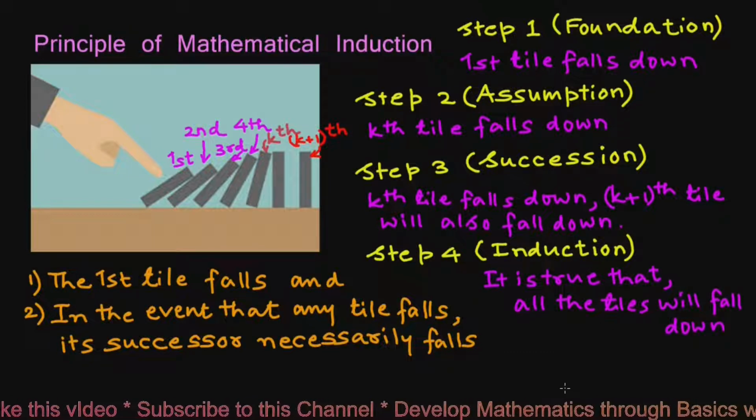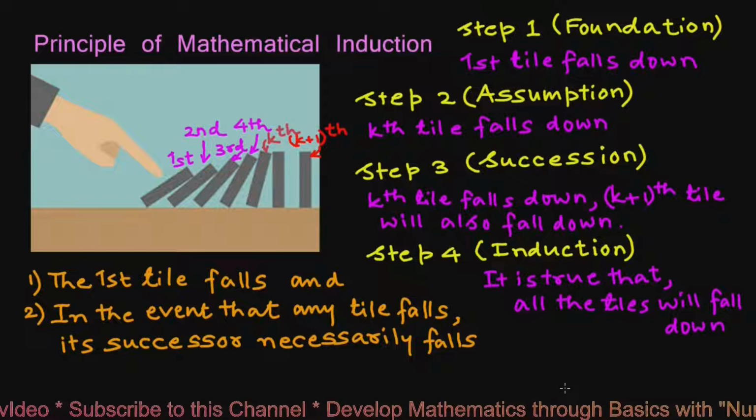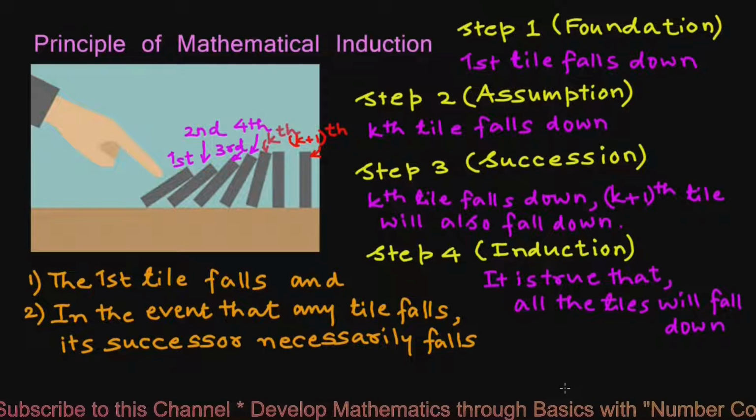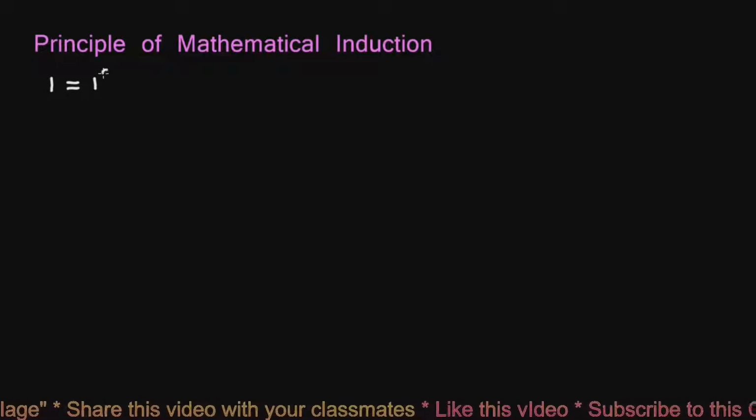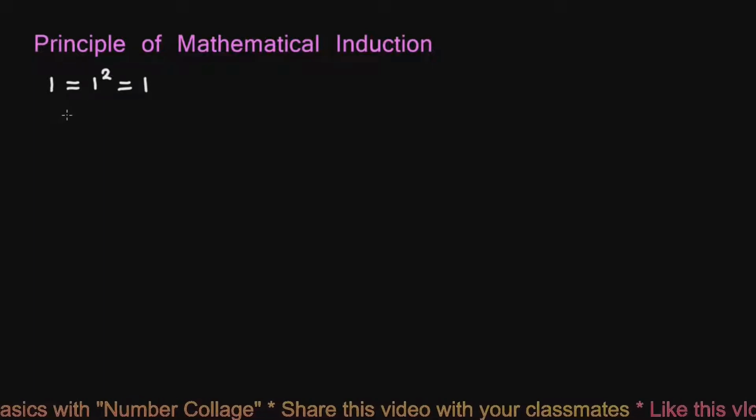Now we will see how to use these 4 steps to prove a mathematical statement. We will write 1 as 1 square equals 1, which is the first odd number.